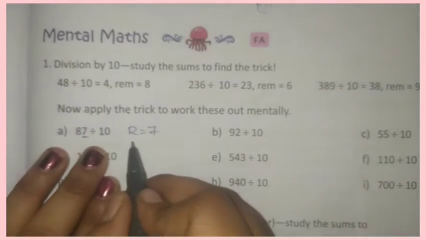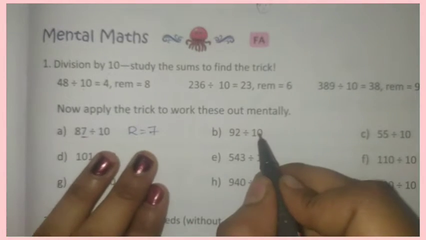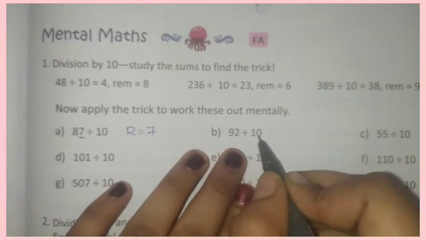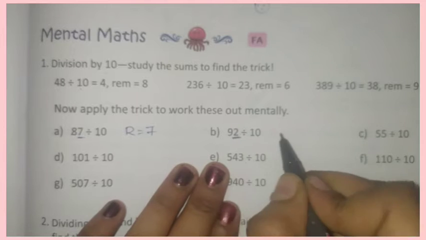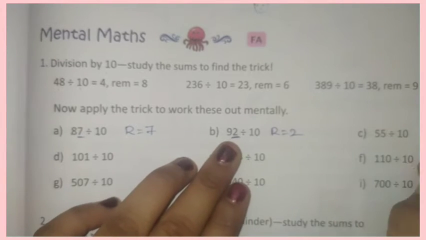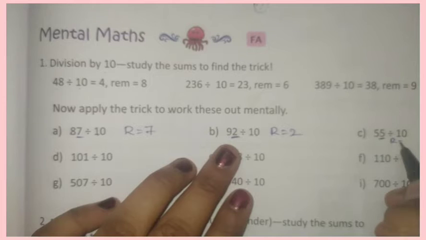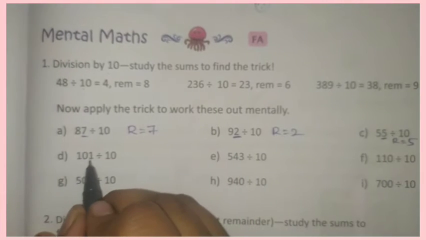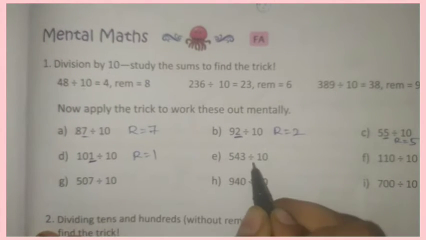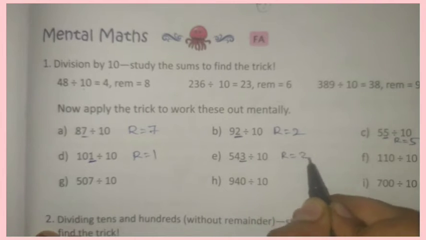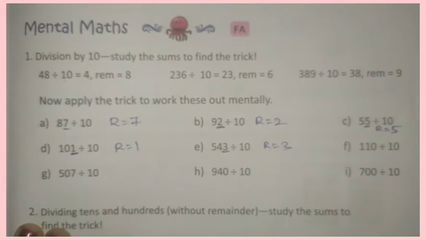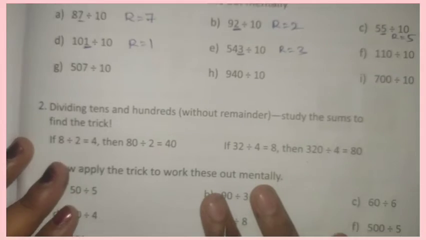Quotient is 8. And next, 92 divided by 10, last digit ones place, remainder 2. Here remainder 5, remainder 1. Here also remainder 3, like that. Okay, complete the remaining. Directly we can say this.